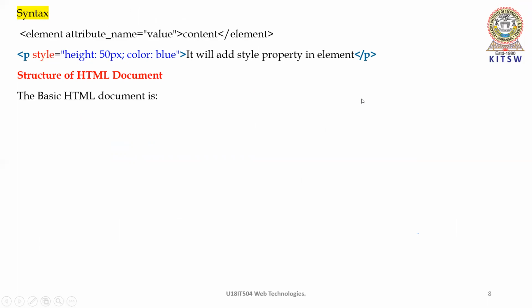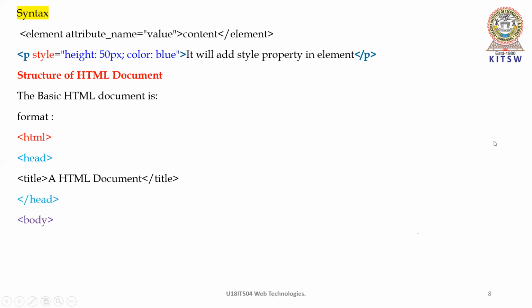Structure of an HTML document. The basic HTML document looks like this. HTML tag, open tag, head tag, title tag, then closing of head, opening of the body, content of the body, text, closing the HTML tag.